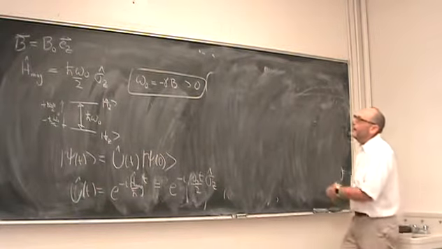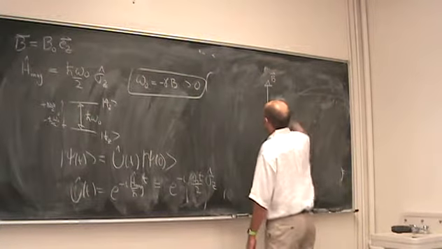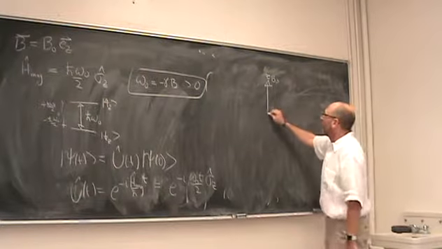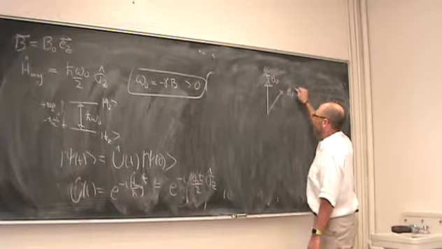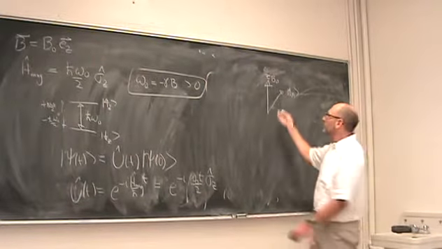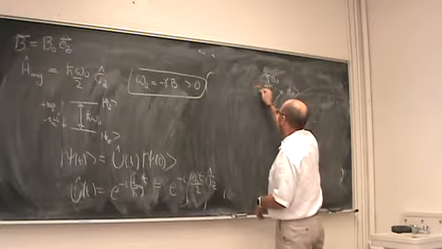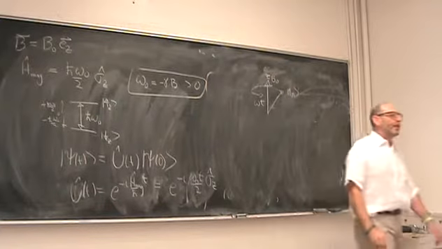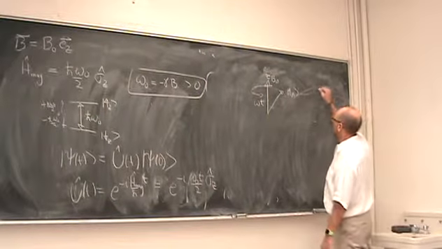So that says if I have a magnetic field in the z direction, and I start a spin in some arbitrary direction, it will precess around the z-axis at an angular rate omega. That is what we would call Larmor precession.